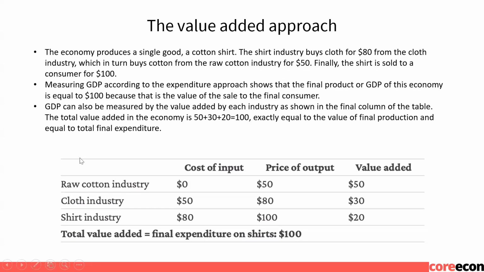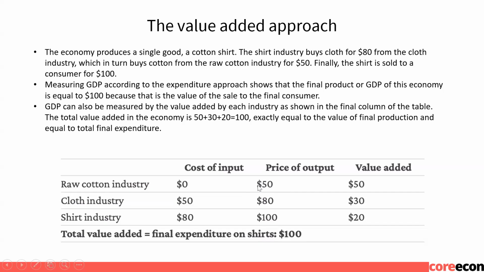And in that case, the textbook here is assuming that the raw cotton industry is not using any inputs. It's pretty much collecting that from nature and selling it for a price, right? So if you are in some way self-employed, you could also say you're paying yourself this as a salary, so you don't have costs in that way.